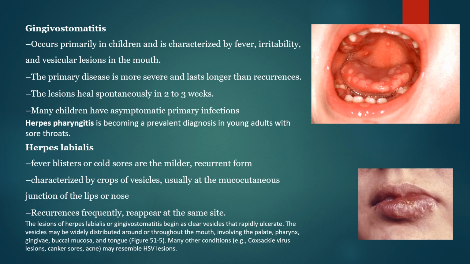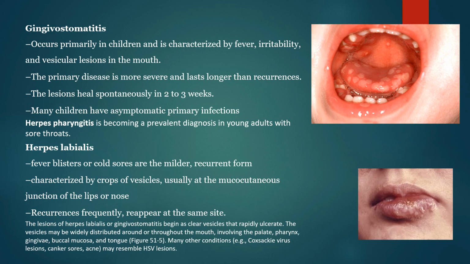The second one is herpes labialis. It causes fever, blisters, or cold sores which are milder, and these are all recurrent forms of infection. Herpes labialis is characterized by crops of vesicles, usually at the mucocutaneous junction of the lips or nose. In this infection, recurrences occur more frequently and reappear at the same site.